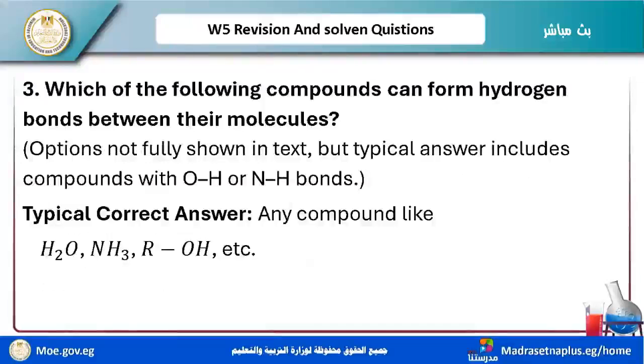Which of the following compounds can form hydrogen bonds between their molecules? I have H2O, NH3, ROH, and HCl.